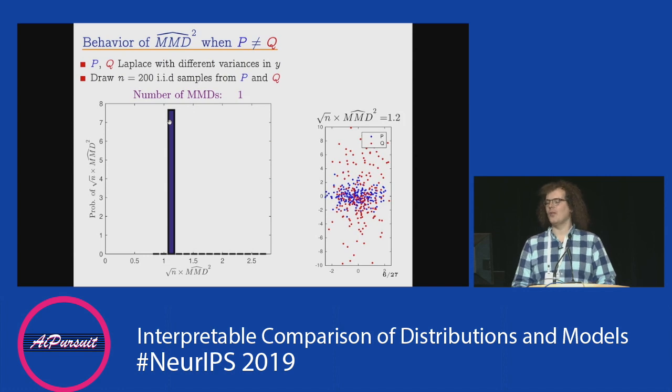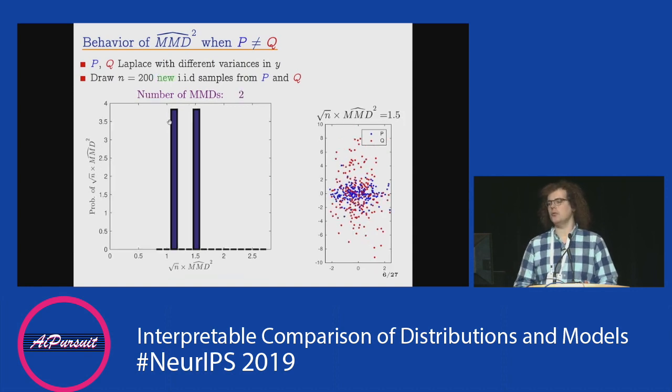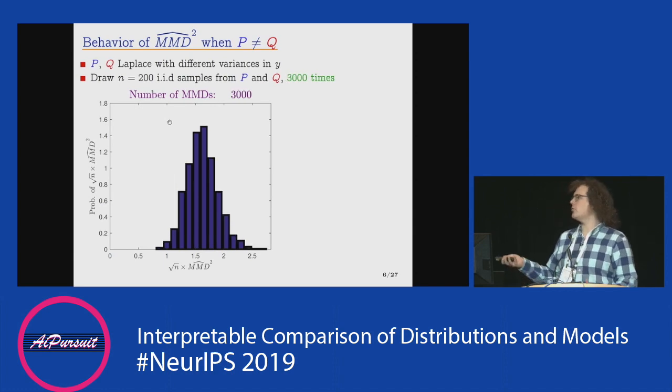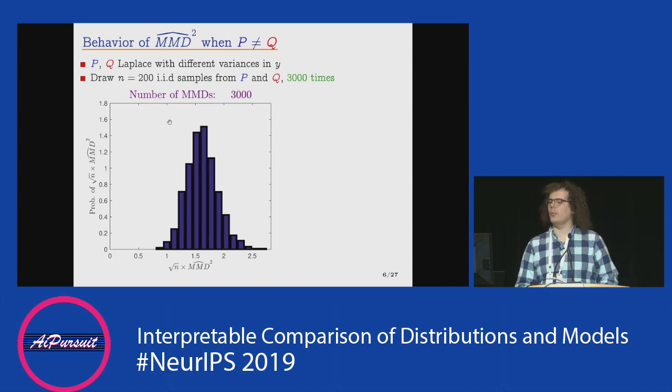It's 1.2. Now, because we want to understand the randomness, let's do this a lot of times and see what happens. I draw a fresh set of samples from the same distributions, compute the MMD again, and this time I get 1.5. If I keep doing that more and more times, my histogram will converge to something that looks like this. And if you squint at that a little bit, it looks pretty much like a normal distribution, right?